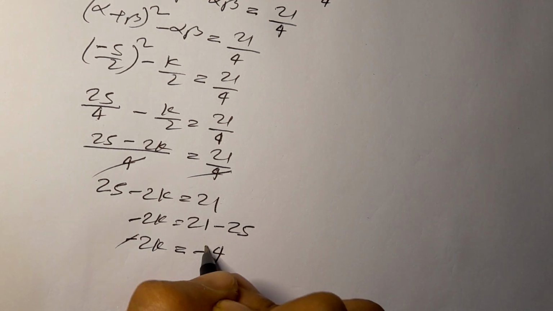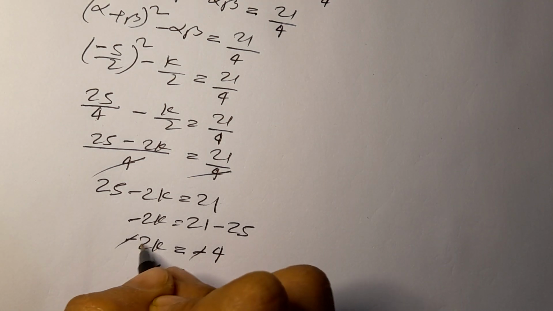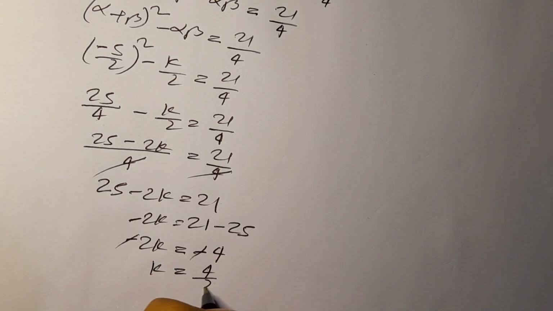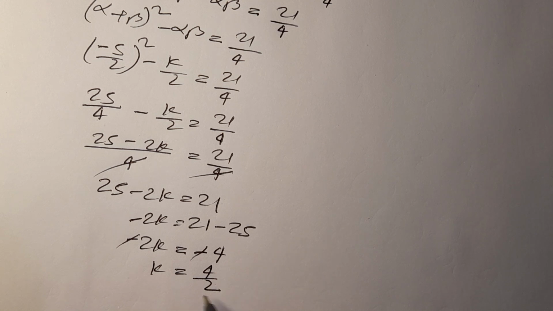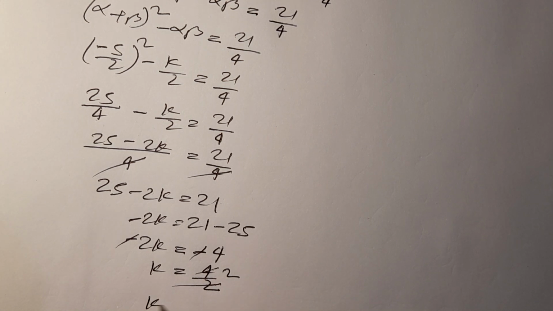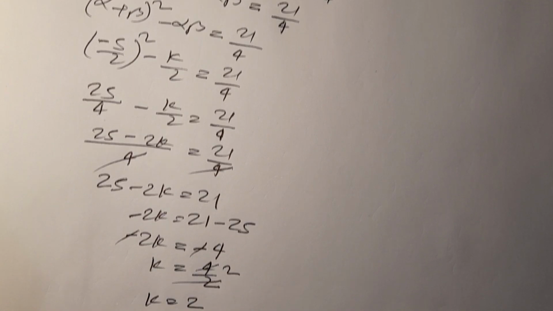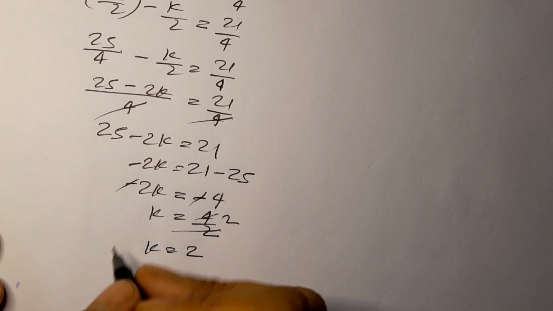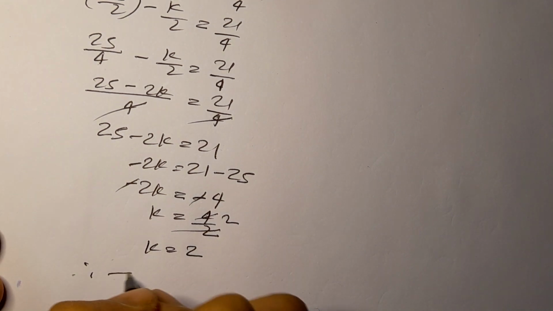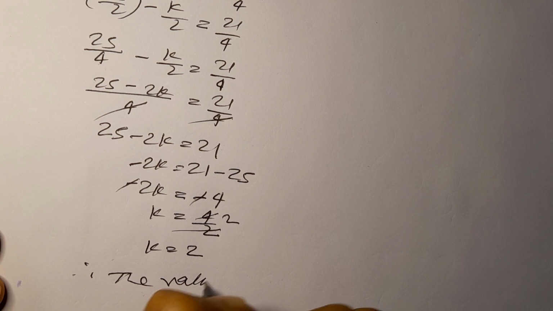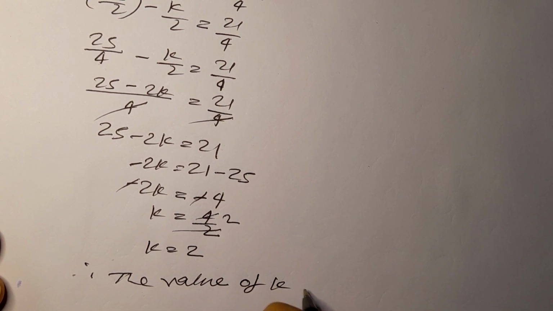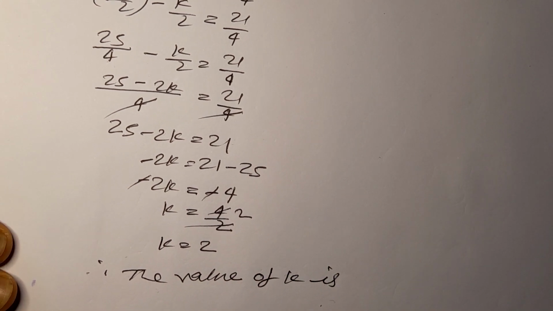Minus and minus cancel, so k is equal to 4 by 2, which is 2. Therefore the value of k is 2.